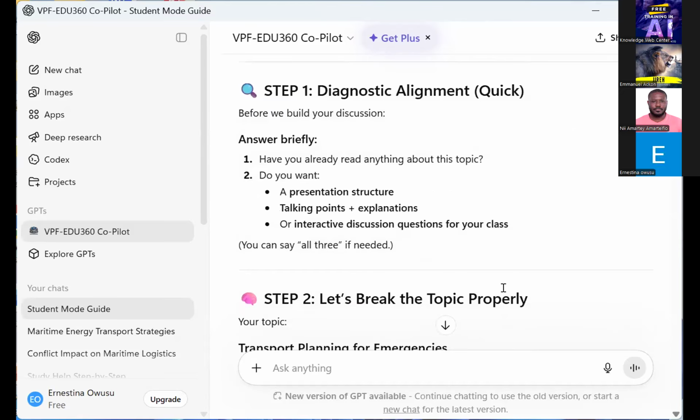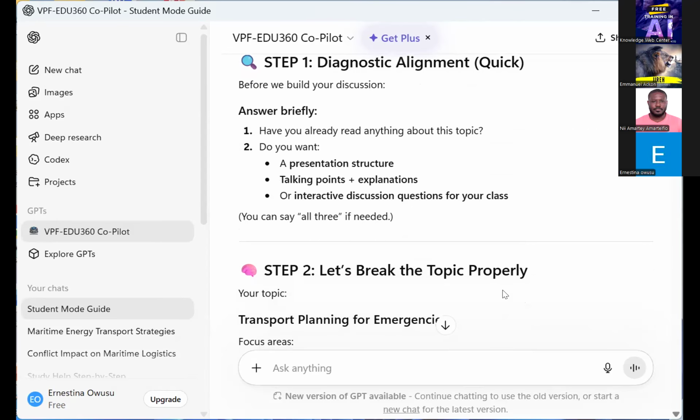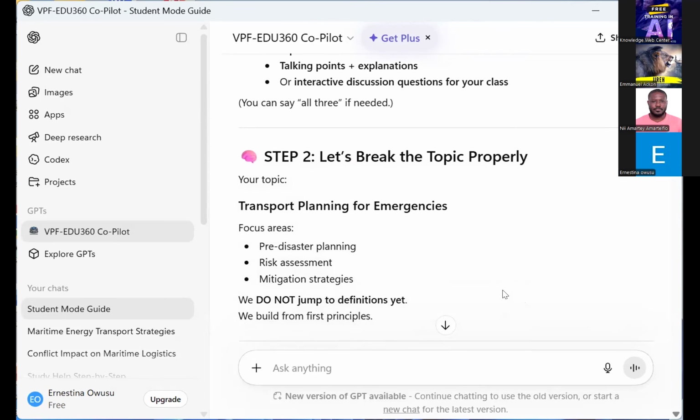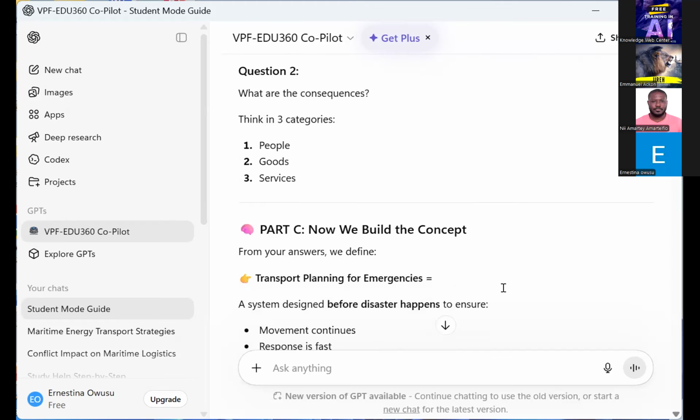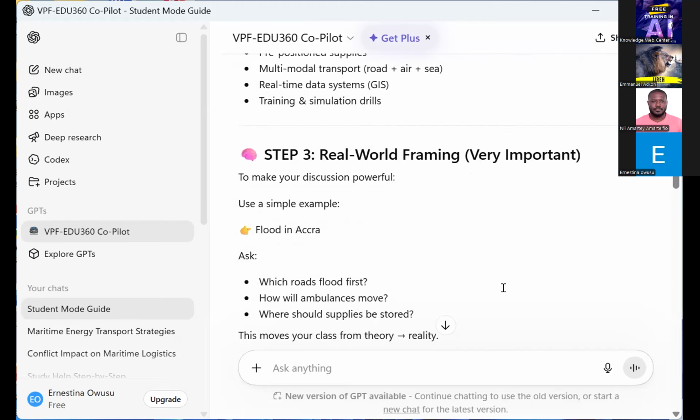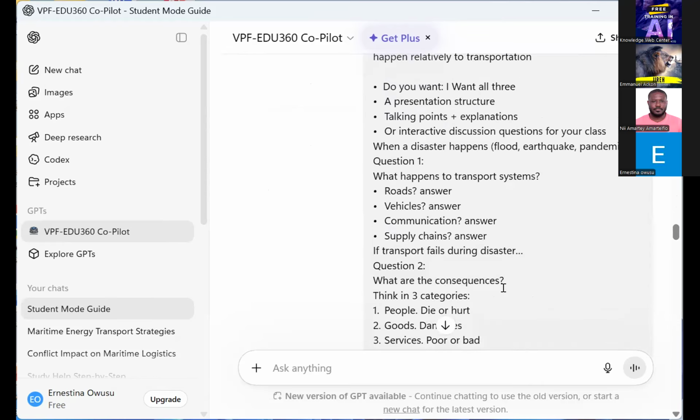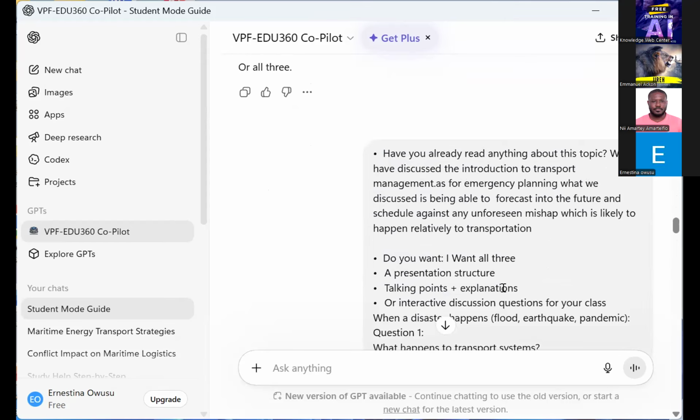So with the diagnostic alignment, it asks me, have I already read anything about this topic? Of which I gave a brief insight on what I know about it. I responded that I have discussed the introduction to transport management.